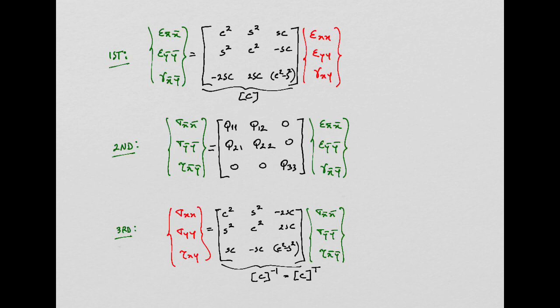Then we apply the stiffness matrix of the lamina to get the stress in the lamina coordinate system. And then we transform back to get the stress field in the global coordinate system. So these 3 steps are what we are going to do. And I think nothing better than doing one example. What do you think? Let's do one example so we can see these things working in practice.